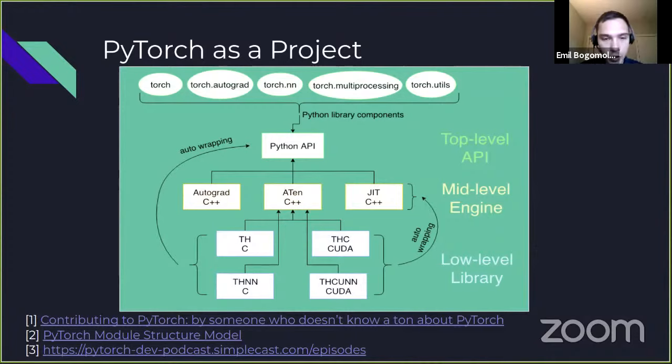Here is a picture from some researchers from Delft. It is from 2019, and right now PyTorch is more complex, but at that time it wasn't. It's just an example of how PyTorch looks as a project.